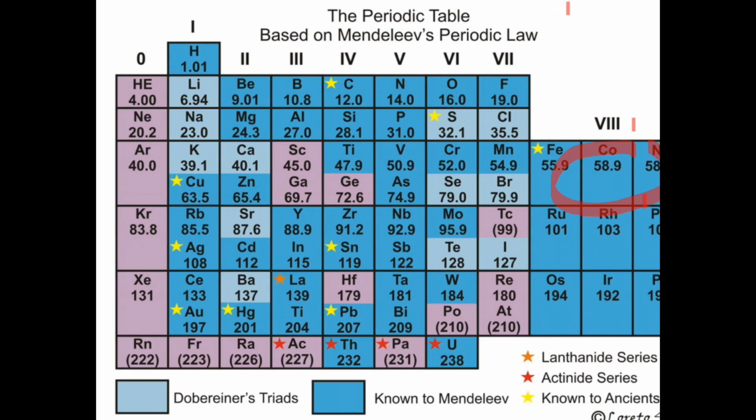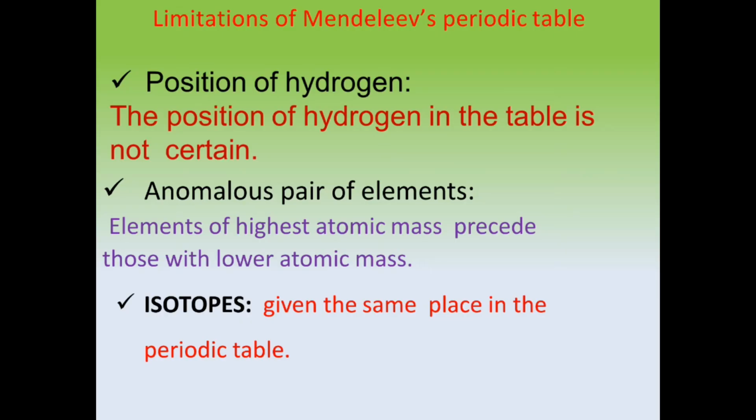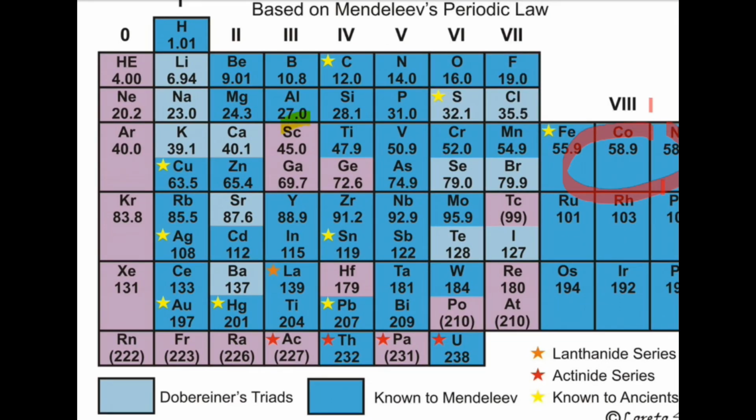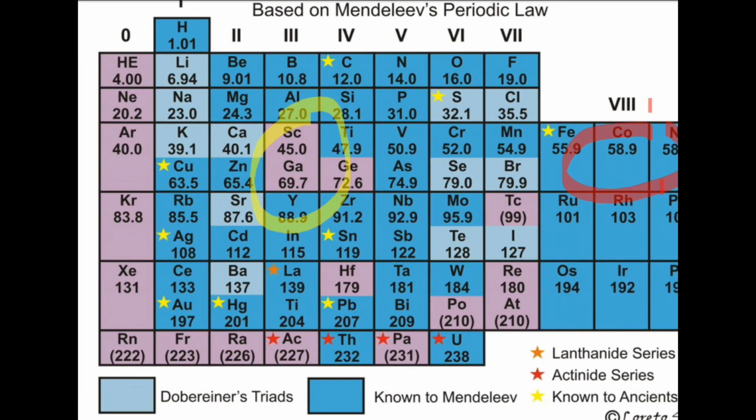Mendeleev also said that there were some elements that existed. For example, below aluminium there was a gap in Mendeleev's periodic table. So he predicted that 2 more elements could fit below aluminium, having the same properties as this entire group 3. It was found to be true by the scientists who discovered them.